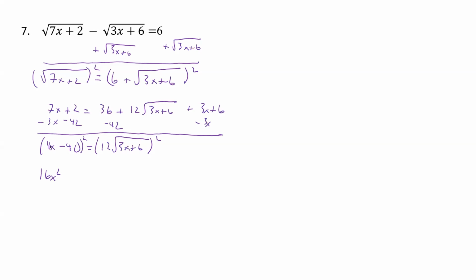That's 160 times 2 is 320, so it's a negative 320x. And 40 times 40 is going to give me plus 1600. And that equals 12 squared, which is 144, times 3x plus 6. All right, so now what do we have? Let's go ahead and just bring this down on the left.